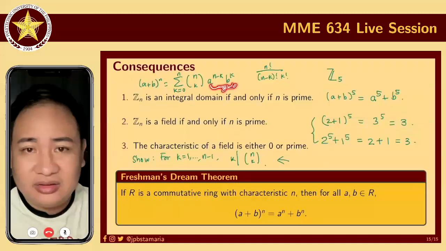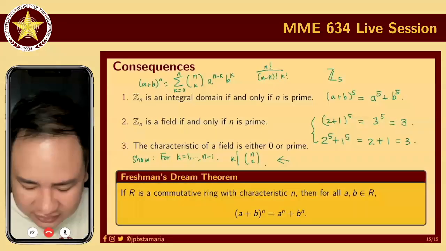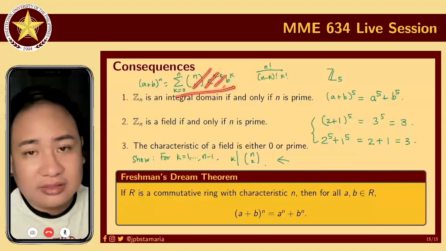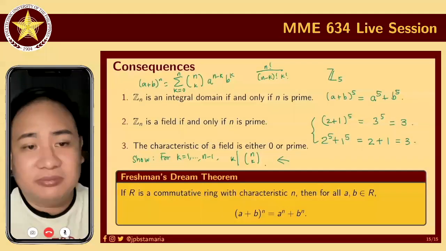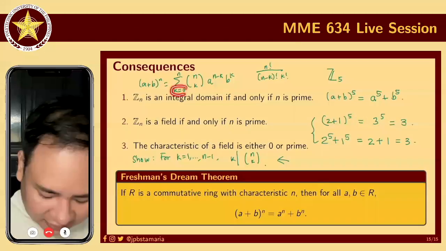So, eventually, because the characteristic is n, that addition will sum to zero. In this binomial expansion, all the terms vanish except two, the first and the last. The first is when k is 0, and the last term is when k is n.